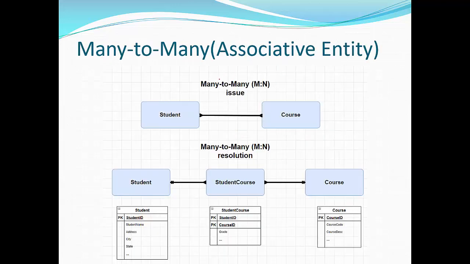Anytime you have a many-to-many cardinality, all you have to do to resolve it is to turn the many-to-many into two one-to-many.